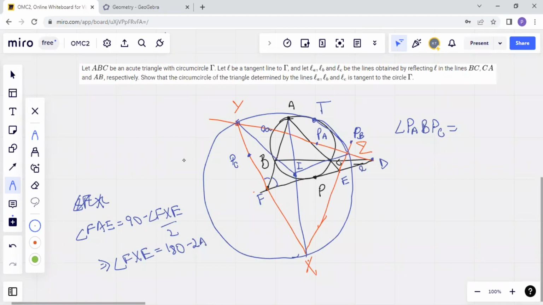So A is the excenter of XFE, and so AX must bisect angle YXZ. Similarly, BY and CZ. So basically, AX, BY, and CZ concur at some point I. And then we also prove that I lies on the circumcircle of ABC. And P_A, P_B, P_C are reflections of P across BC, AC, and AB respectively.